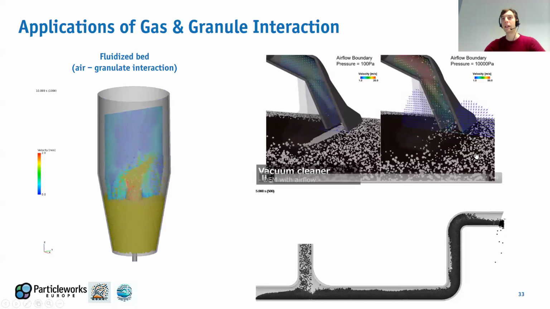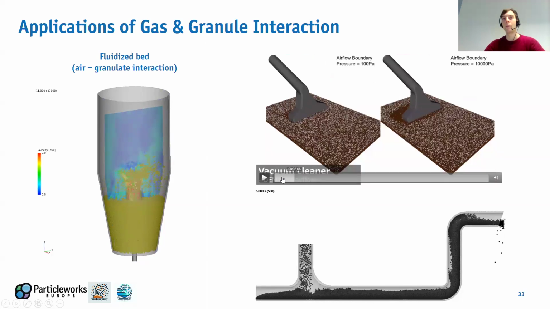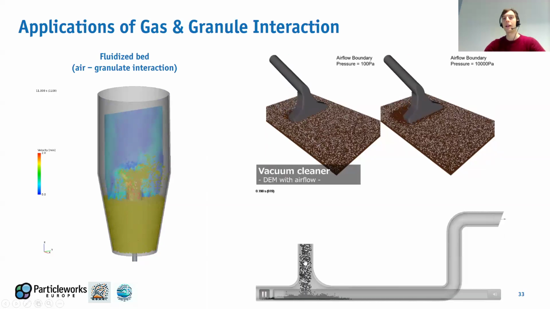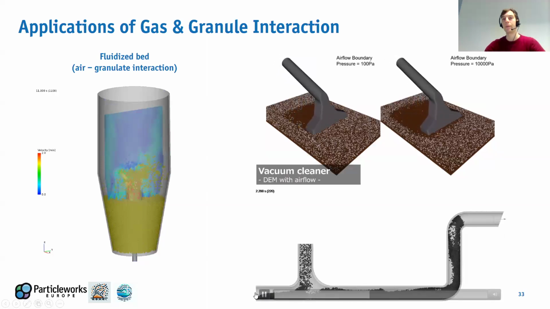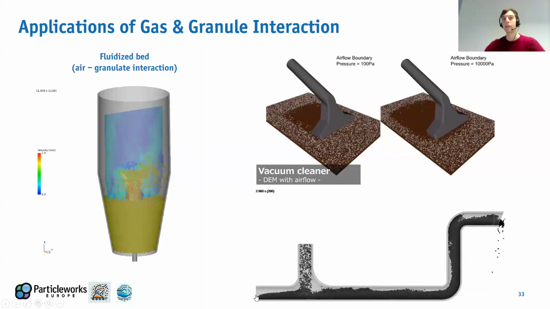And here you see the powder in a vacuum cleaner type of application. Okay. This one is transport of granular material due to an airflow that enters on the left.